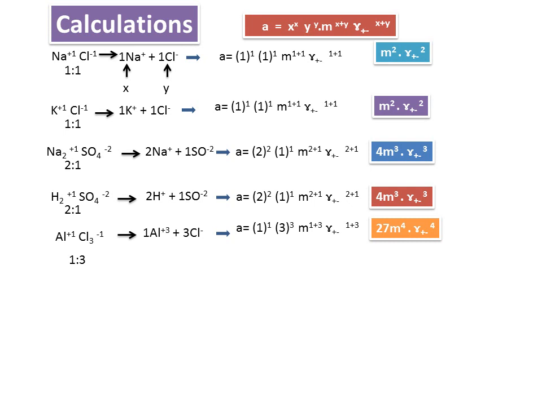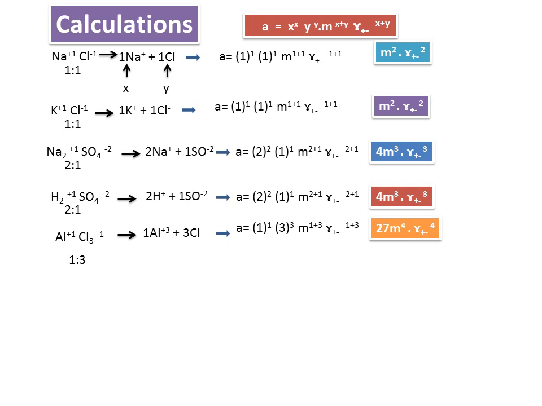H2SO4 is the same case as sodium sulfate. We have the values of x and y as 2:1. Putting values, we get the value of mean ionic activity as 4m cube and gamma positive negative cube.